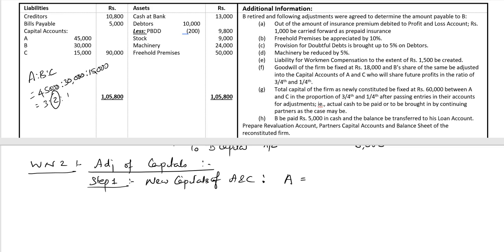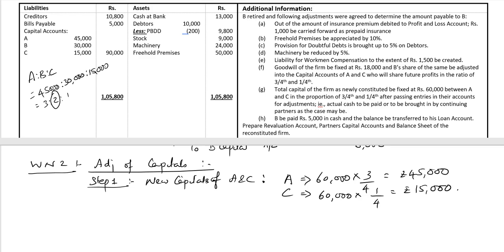So new capital of A is 60,000 rupees into 3/4, which is equal to rupees 45,000. And in the case of C, it's 60,000 rupees into 1/4, which is equal to rupees 15,000.